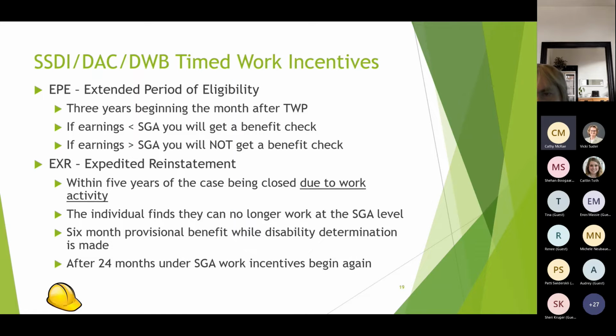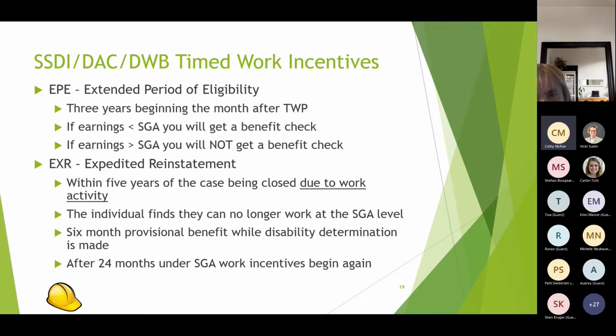And then another timed work incentive that SSDI has is expedited reinstatement. So let's say you've used up your trial work period, and then you went on to earn at the substantial gainful activity level, and your benefits were ceased due to work.